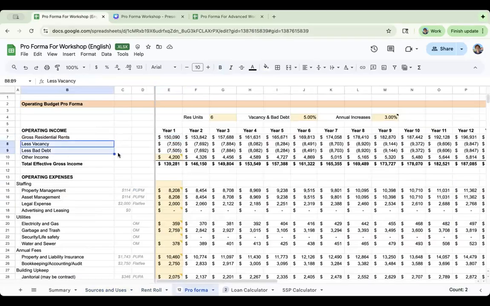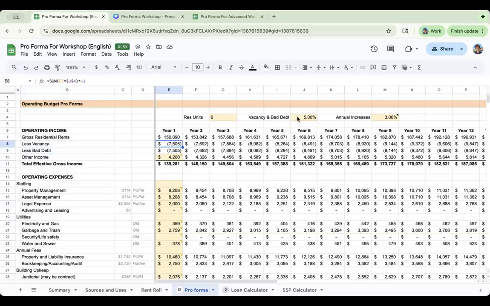Here's a couple things. We're getting in the weeds, but it's important to touch on. Vacancy is another cushion that we build in, and that is common and oftentimes will be required from your government lender. This is just anticipating that units are going to become vacant throughout the year, and we want a little bit of cushion.